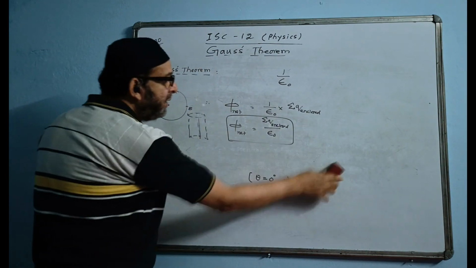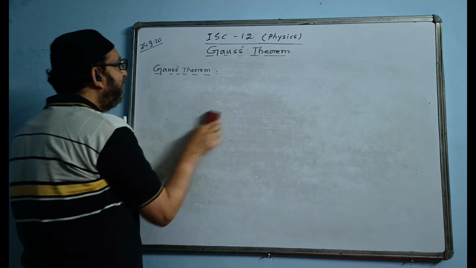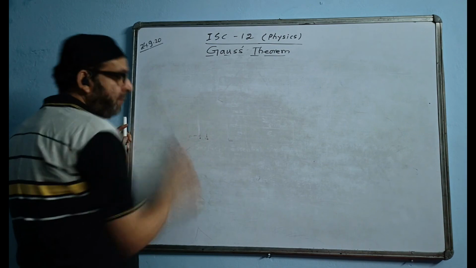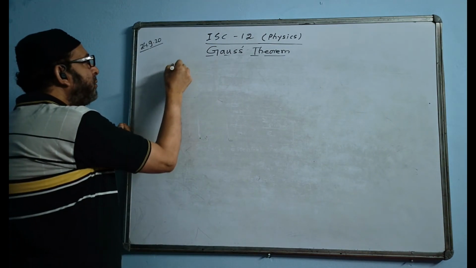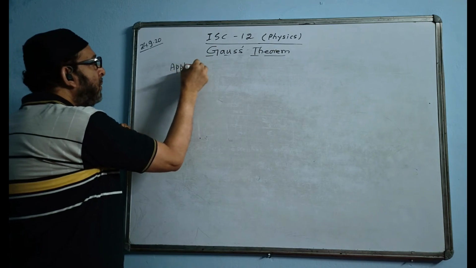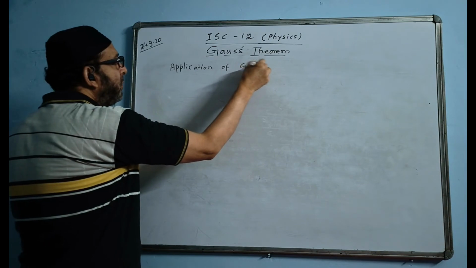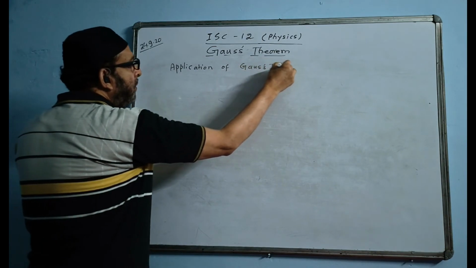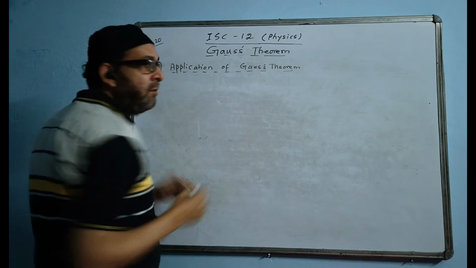Now they have reduced the syllabus and only 2 things they have given. Only 2 derivations are there now in this chapter, Gauss's theorem chapter. That is, we can give the heading application of Gauss theorem.